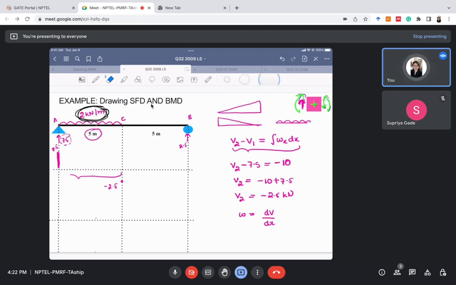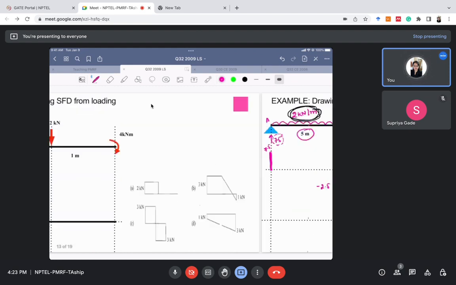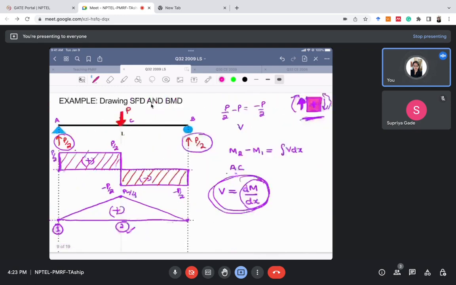Since the intensity of the distributed loading for section AC is negative and constant, therefore the slope of the shear force will be negative and constant. So I'll repeat it again. Since the intensity of distributed loading for section AC is negative and constant, therefore the slope of the shear force diagram will also be negative and constant. Let's check what is negative and constant slope.